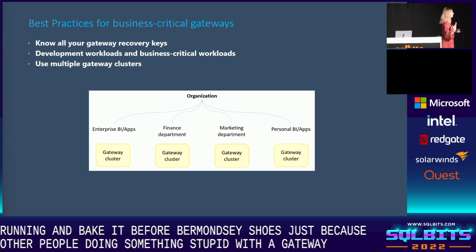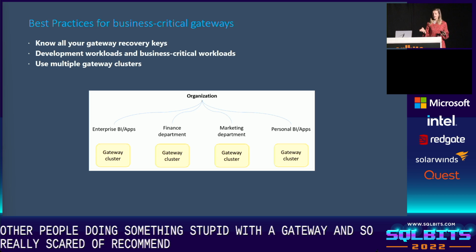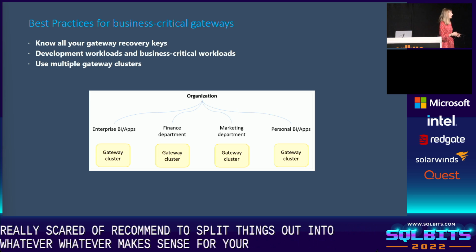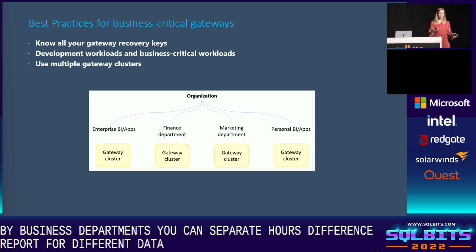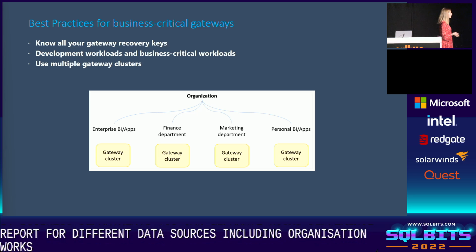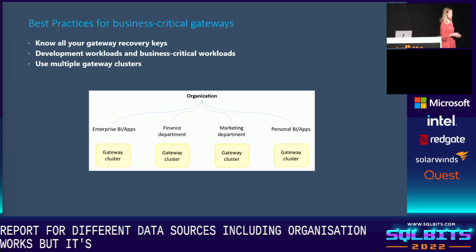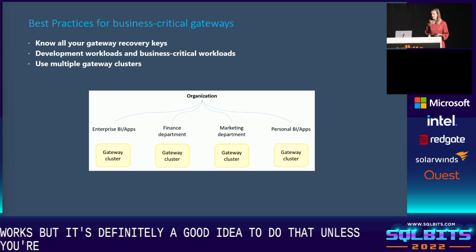And so we always recommend to split things out into whatever makes sense for your organization. That could be by business departments, you can separate out different reports or different data sources, just depending on how your organization works. But it's definitely a good idea to do that, unless you're, of course, a very small organization.